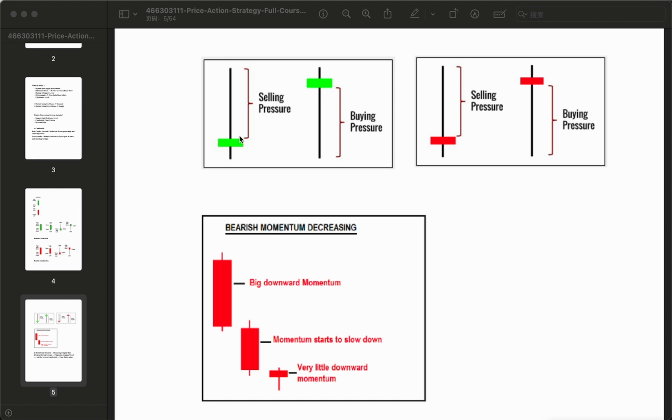That's why we call this a selling pressure, because the volume keeps hitting on the bottom. And on the right, we see the buying pressure. We are seeing the quite opposite situation.